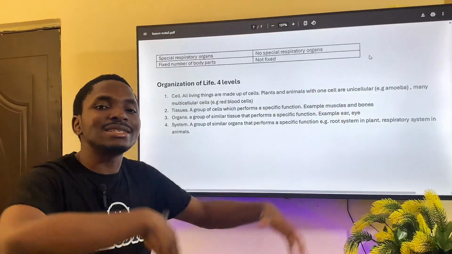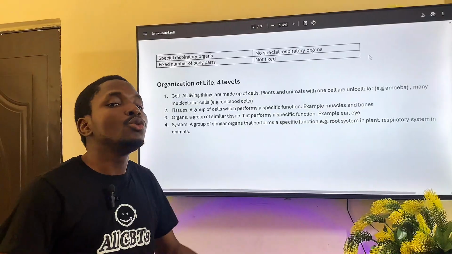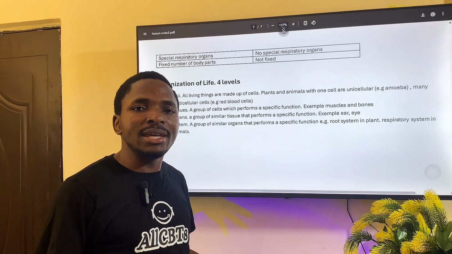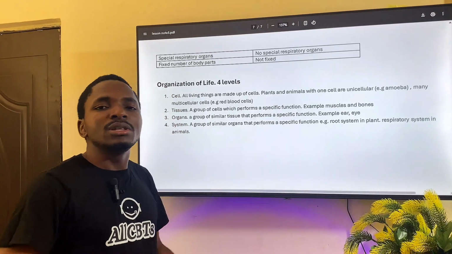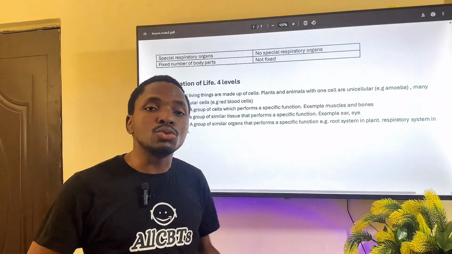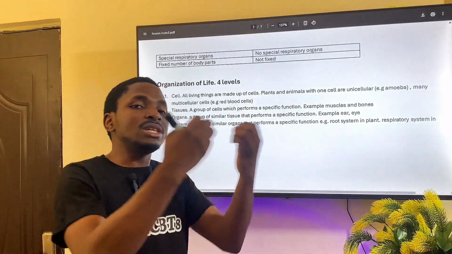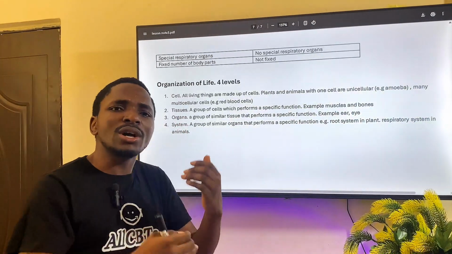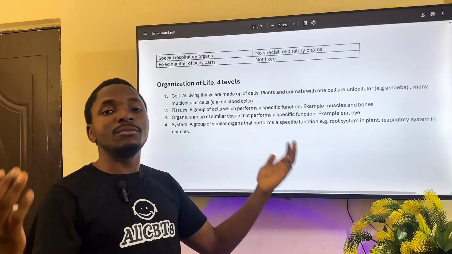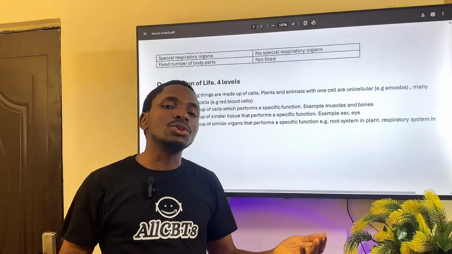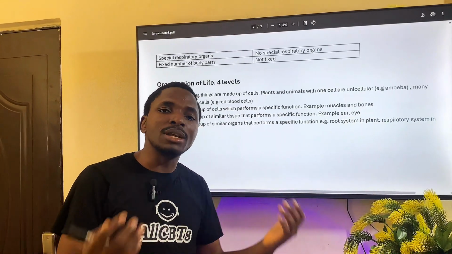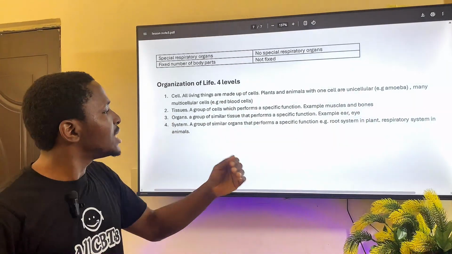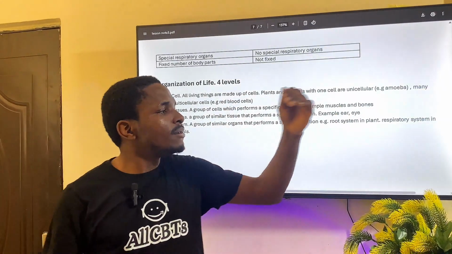There are a lot of organs that come together to make sure that when you sit on your toilet bowl, you are releasing. Also, there are so many organs that work together so that when you take in food, there is proper digestion. If these organs don't work together, then you have problems. You have people going to the hospital, you see, to get medical attention. So, systems are a group of similar organs that perform a specific function.